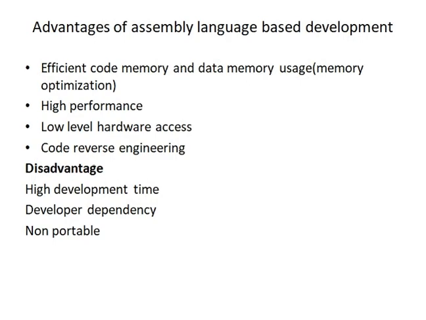I'll discuss the advantage of assembly level language based development. One thing you can observe is that it gives efficient code memory and data memory usage. Why would you say efficient code memory and data memory usage? Assume that you write a piece of code in assembly code and you write its equivalent C code.